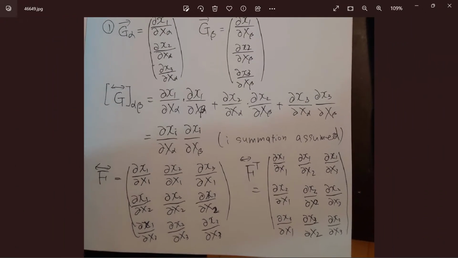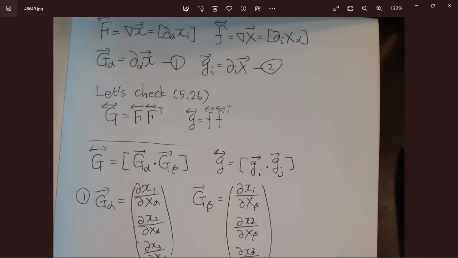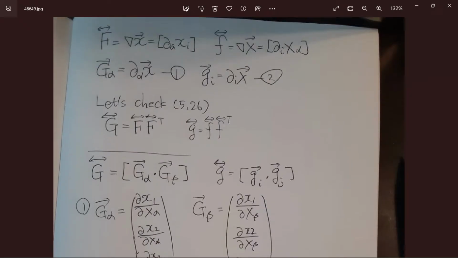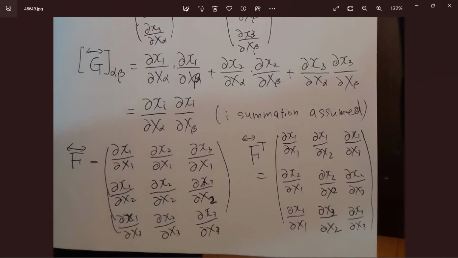So then you can easily check, for example, the first term. You consider F, F transpose, and that's G. So for the 1 component, upstairs you can see 1 2 2 3 3.